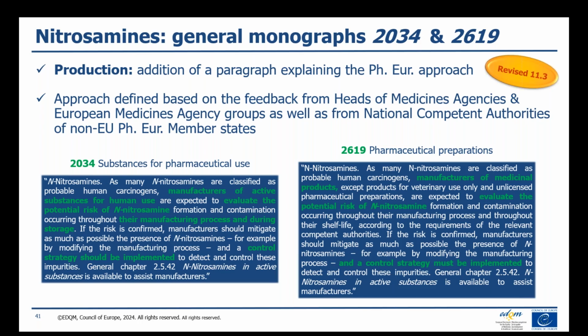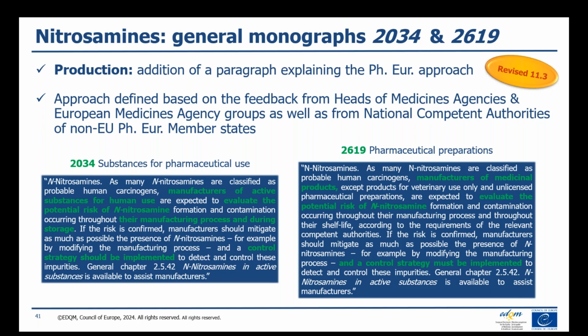We recently revised the general monograph on substances for pharmaceutical use and on pharmaceutical preparations. In fact, we introduced a new paragraph under production, which explains the risk approach. Here you can see on the slide the extract of these two texts.